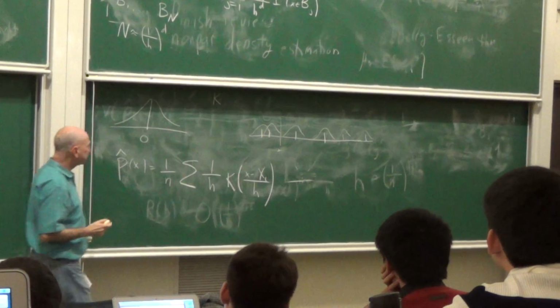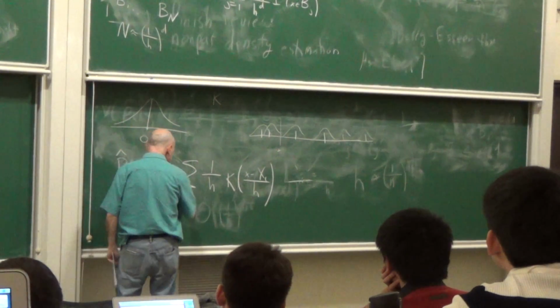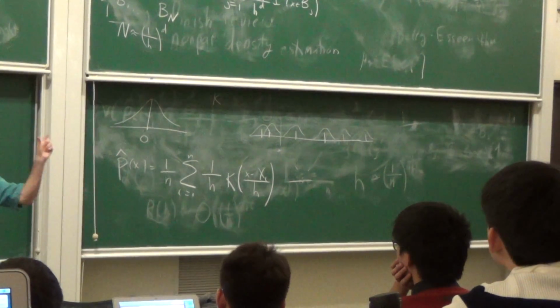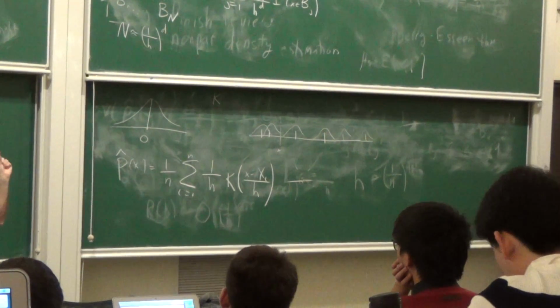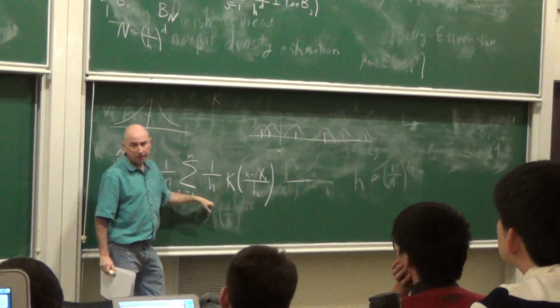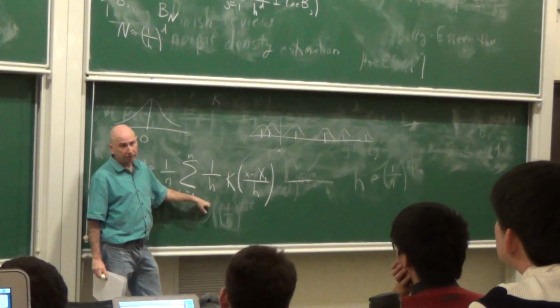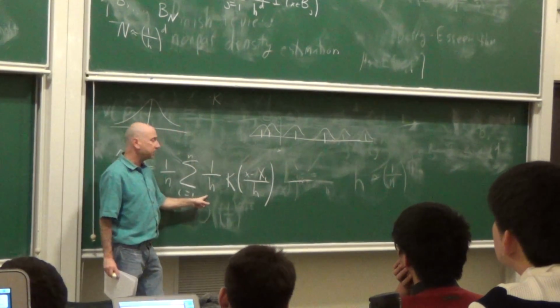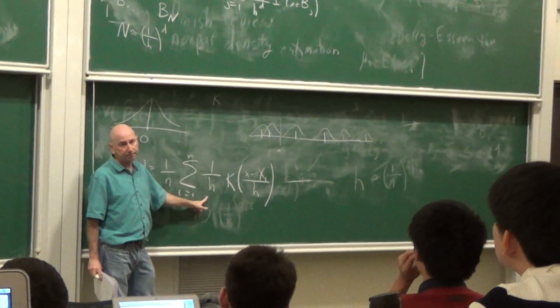What I've done is I've introduced here this h, which is called the bandwidth, which is just a rescaling of the kernel. So again, if you keep the normal example in mind, this is just the standard deviation of the normal. I put the h in here to rescale it. Why do I put a 1 over h up front? To make sure it still integrates to 1.